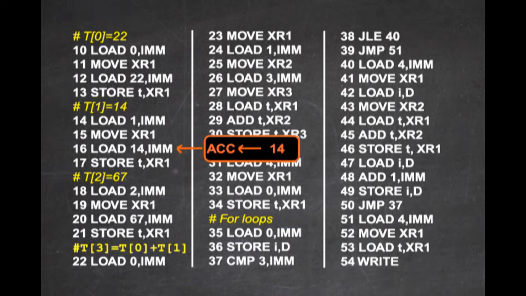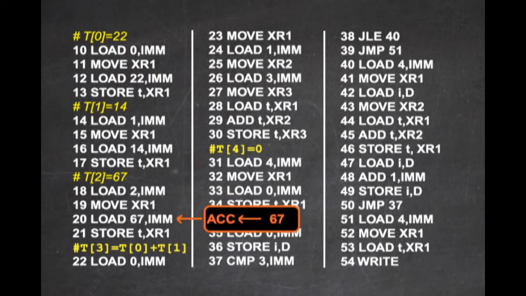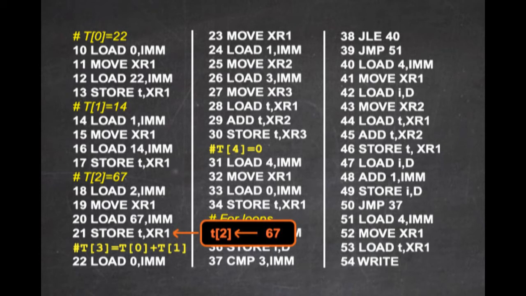Accumulator is loaded by 14. Array item with index equals 1 is loaded by 14. Accumulator is loaded by 2. Index register index 1 is loaded by 2. Accumulator is loaded by 67. Array item with index equals 2 is loaded by 67.